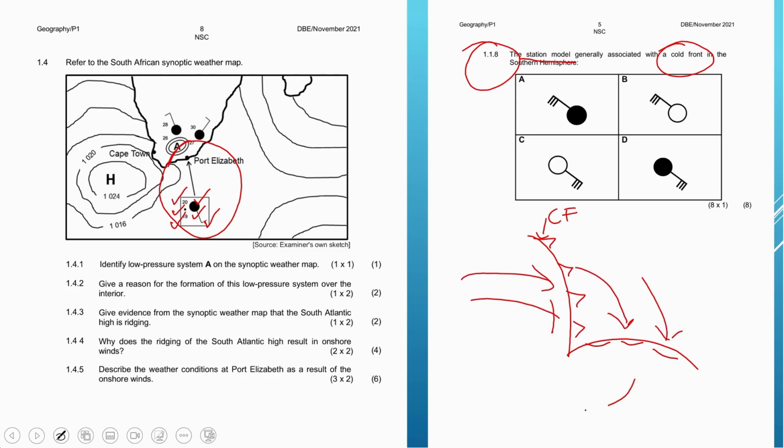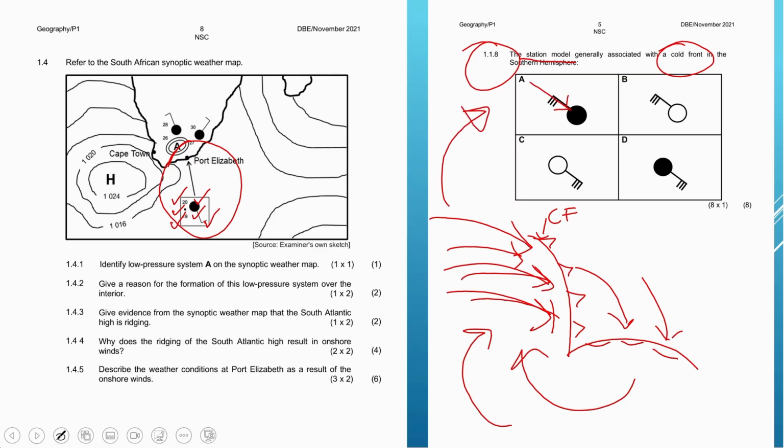Your cold front here is pushed by cold air. So if you were to look at the direction of the air behind the cold front, it is like that. So that is the one you're looking at. Remember, it matches with that.